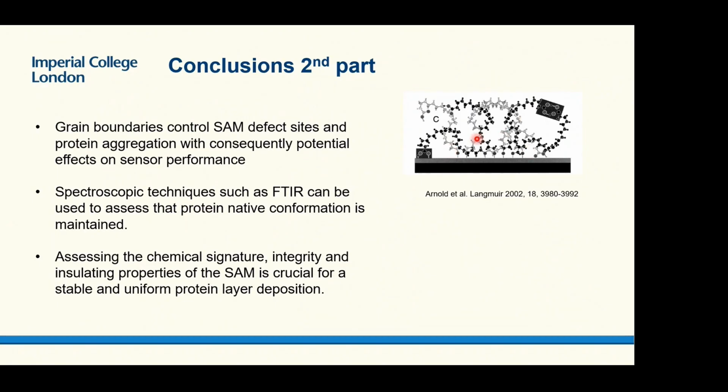Like in this case, the authors of this paper suggested that the head groups bend and start binding on the electrode surface, on the gold surface, as well as the cysteine part, or form bridges between the different head groups. So practically you need to be careful when you start forming the self-assembled layer to control the chemistry, to control the formation of the layer.